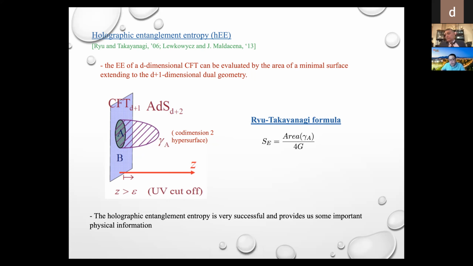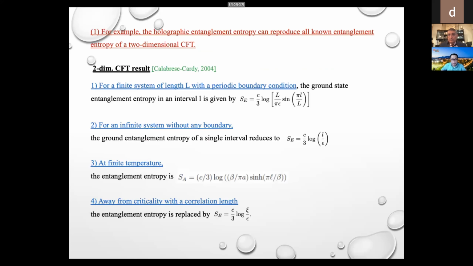Okay, this definition is very successful and easily generalized to other dimensions. Also, this holographic entanglement entropy gives rise to the expected picture of the entanglement entropy, and it gives us very important information about the dual field theory. So we first consider a two-dimensional conformal field theory.